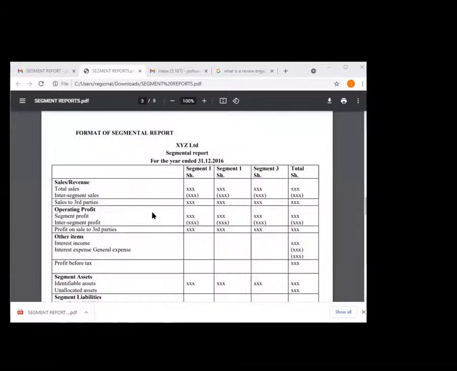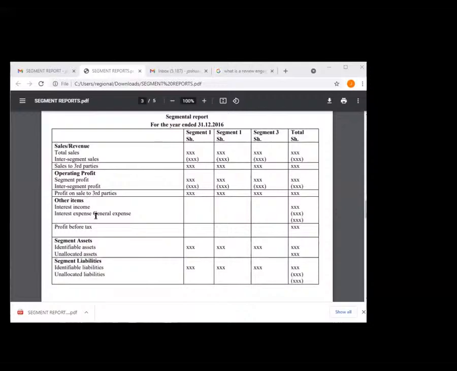Then another thing that we have to disclose is the operating profit, which is segment profit. Very important for each segment. And then inter-segment profit must be deducted for us to get profit from third parties. And then we have other items where we have interest income, we have interest expense, and then of course you can see here we have profit before tax.